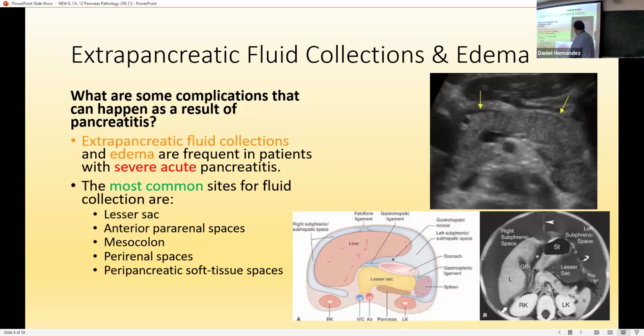It's the area between the stomach and the pancreas itself, anterior in front of the pancreas, between the stomach up here and the pancreas. That's the lesser sac we're looking for. Some of that fluid might fall a little more dependent, so it can work out towards those perirenal spaces laterally.